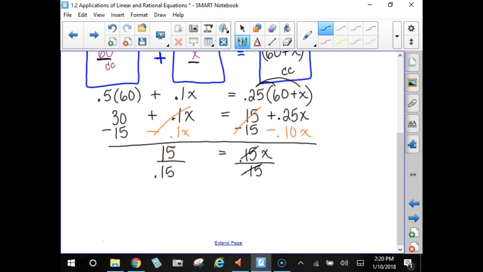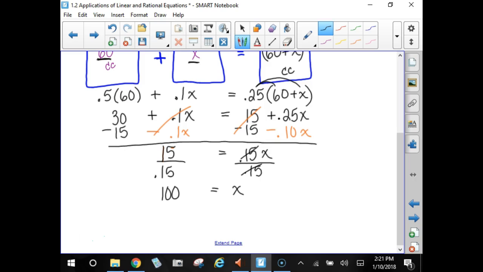So, 15 divided by 0.15 is... let me crunch that on my calculator real quick. 15 divided by 0.15 is 100. Sorry, I knew that wasn't looking right. Okay, 15 divided by 0.15 is 100. That is equal to x.